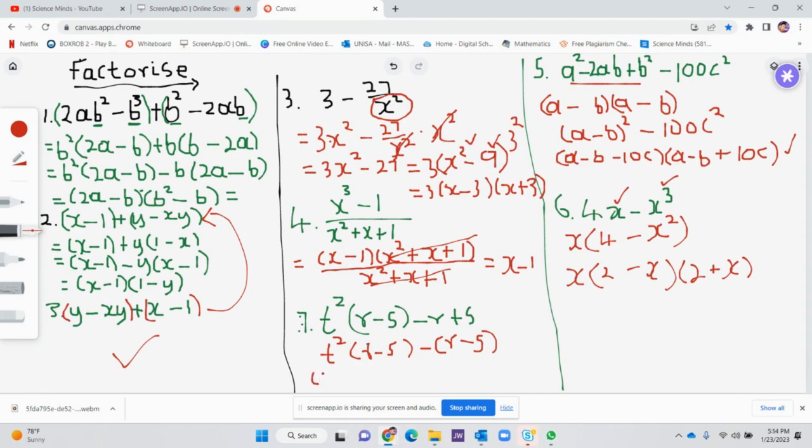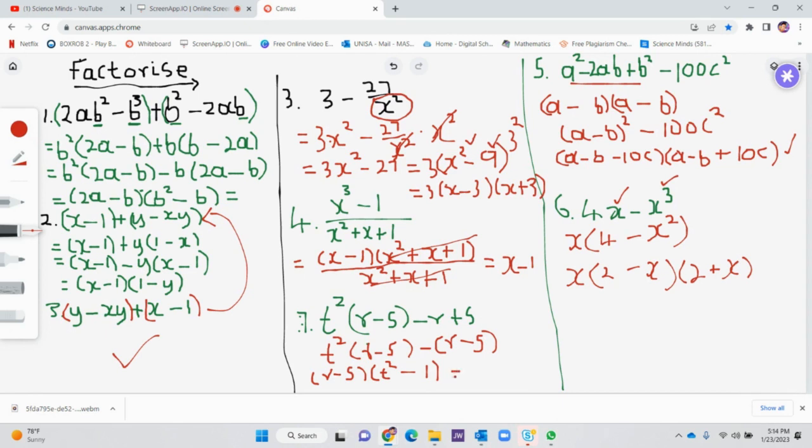So I'm going to take out R minus S as a common factor. And then the other bracket will be t squared (r minus s) divided by (r minus s), minus (r minus s) divided by (r minus s). We will be left with t squared minus (r minus s) divided by (r minus s). Anything divided by itself is a 1. But notice that's a difference of two squares, because 1 can be anything. All right.